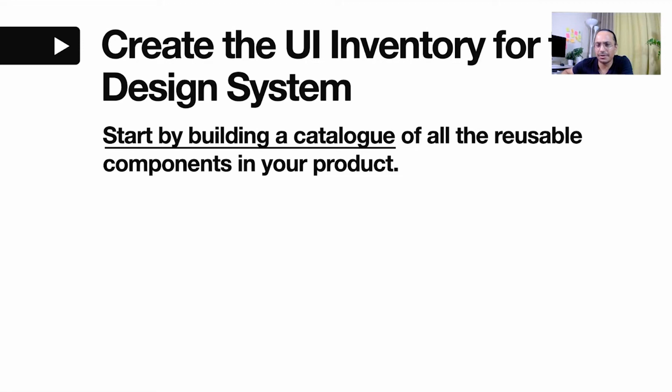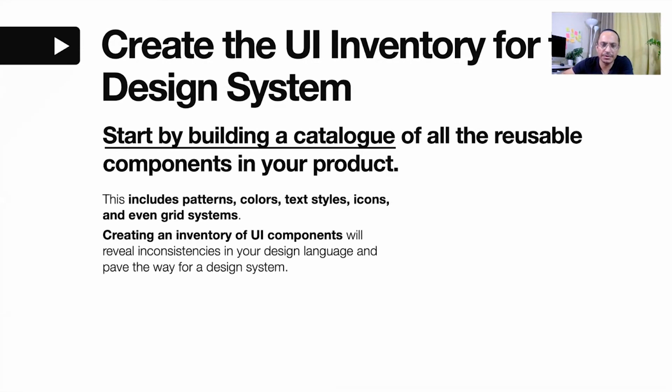Whichever could be part of this UI inventory, you should include it: patterns, colors, text styles, icons, even the grid systems. So create an inventory of the UI components. When you're starting, first create an inventory of what has been used in the design. That is the first thing that you should do.